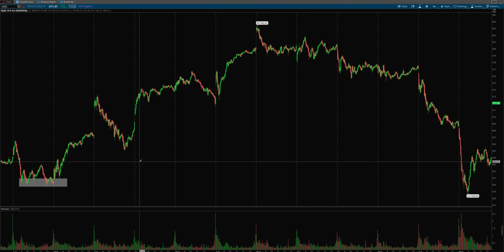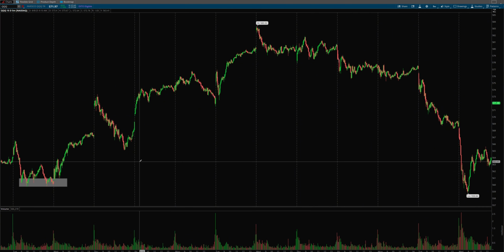So here's an example. This is on the QQQ 5-minute chart. This was about a week and a half, 2 weeks ago. This is just a really good example to look at here. We had a massive downtrend here, where in this zone, we saw price bounce up once, twice, 3 times, 4 times, 5 times. After the first bounce or so, buyers in the market started to realize that anytime price entered this zone, price action would head higher.